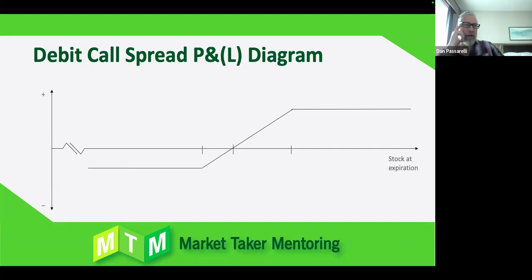So if I just bought the call at $2.50, I'd be risking $2.50. But if I buy the call at $2.50 and I sell that other call at $1.60, I'm only paying 90 cents. I reduce my risk by, in this case, more than half. So the most I can lose is 90 cents.